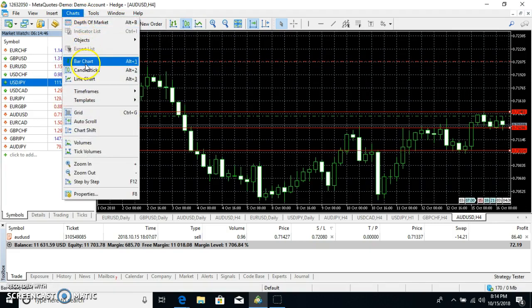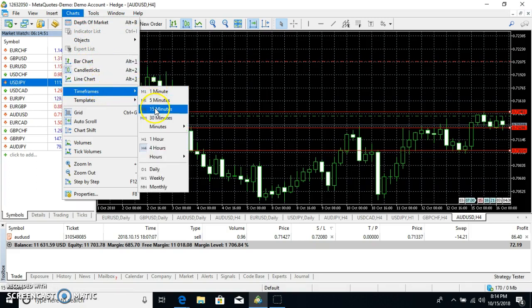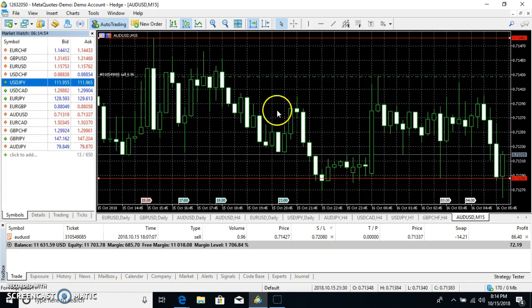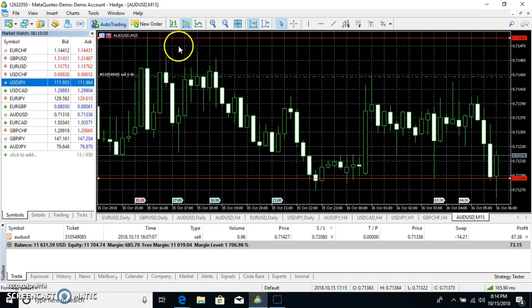So when I'm looking at a particular trade, I'll get in on the 15-minute trade, like here. I would have got in. I missed that. I got in around here.